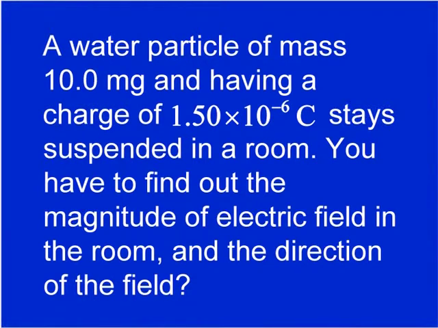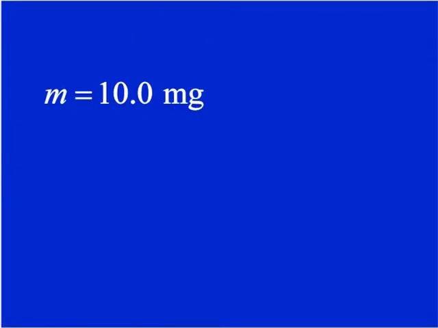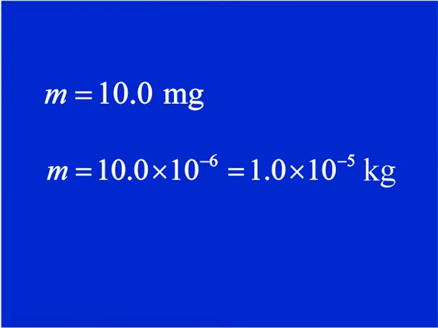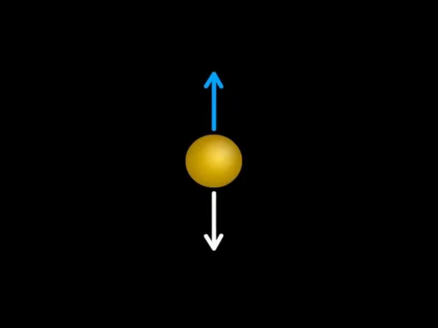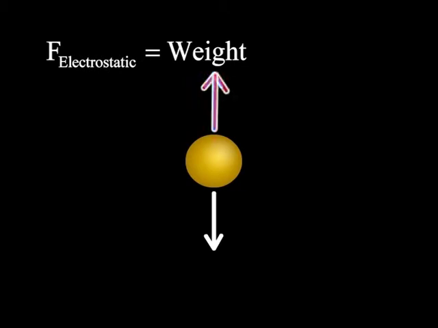Here, mass of the particle m is 10 milligram, which is equal to 10 raised to the power minus 5 kg. And charge Q is equal to 1.50 into 10 raised to the power minus 6 coulomb. As the water drop stays suspended in the room, therefore, force F due to electric field must be balancing the weight of the drop.